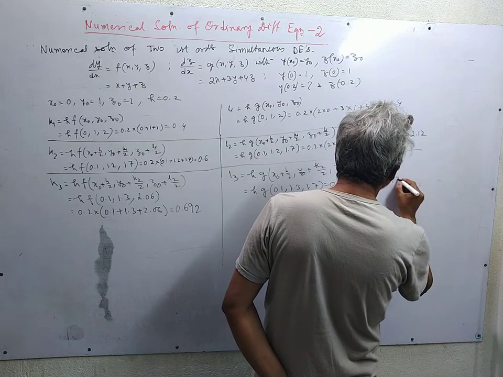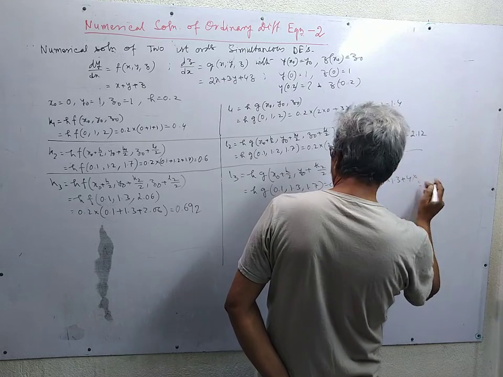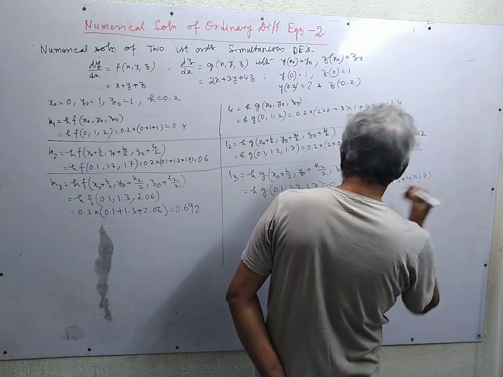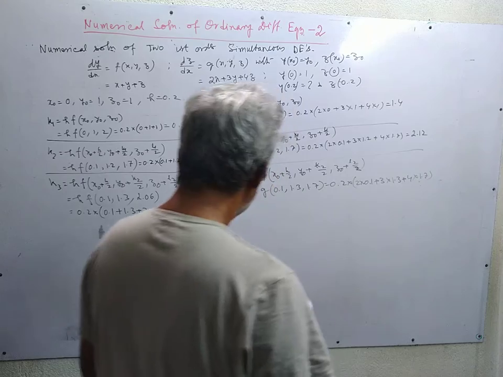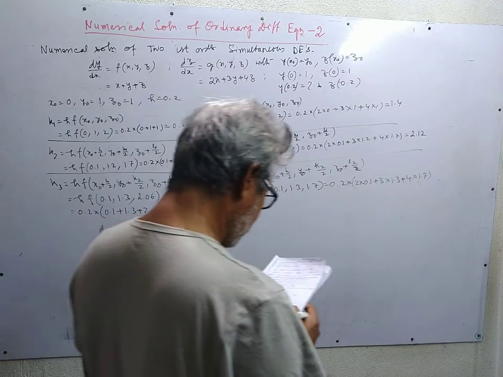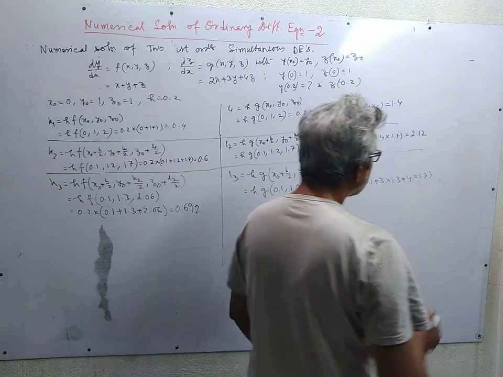Into 1.3 plus 4 into 1.7 and the result is L3 is 2.468.